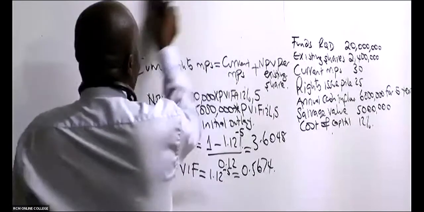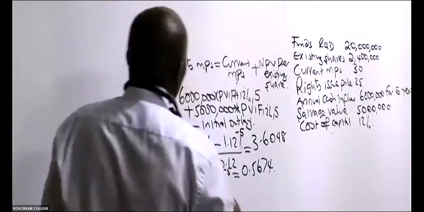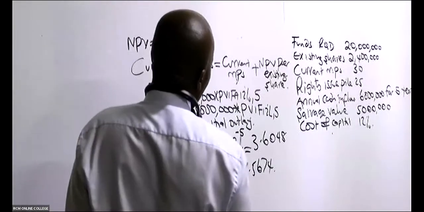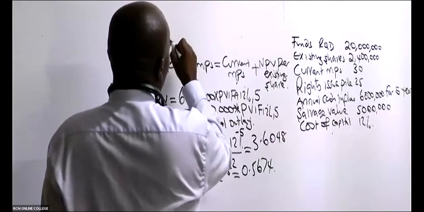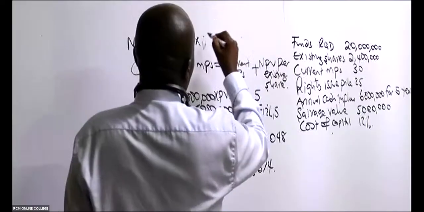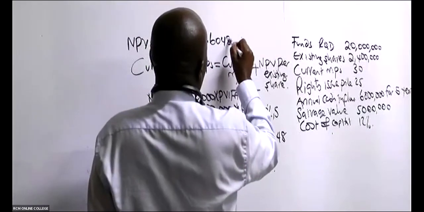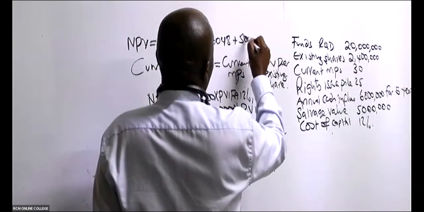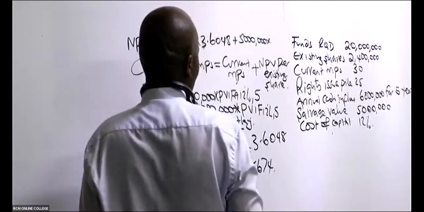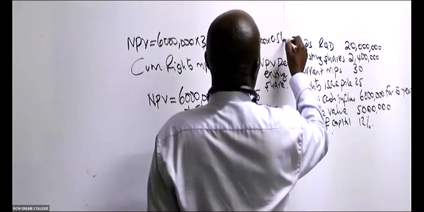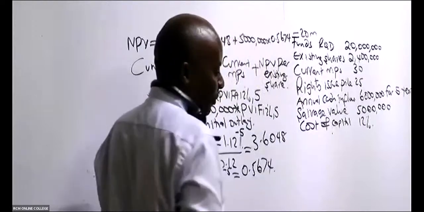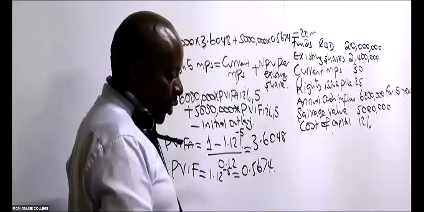I'll write it up here for lack of space. So my net present value will be equal to 6 million times the PV-FAR, 3.6048, plus 5 million times 0.5674, minus 20M, because we want to raise 20 million. So then how much are we going to get?